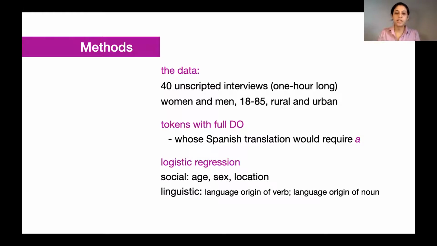And then I did a logistic regression. Of course, the linguistic factors were the ones that I predicted would be significant: the language origin of the verb and the language origin of the noun, that is native origin versus loan, and the social information of the speaker, so their age, sex, and location.